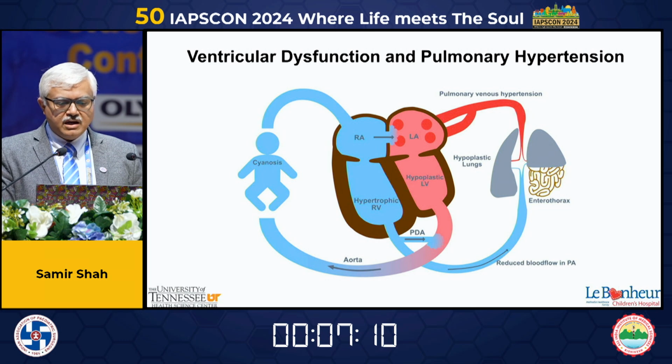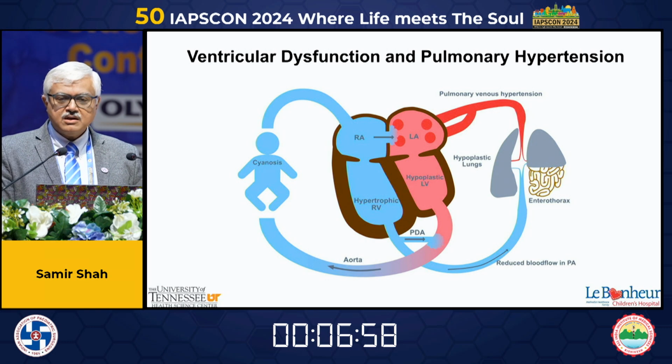As you can see out here, the lung is hypoplastic and it's associated with pulmonary hypertension. There is reduced pulmonary oxygenation, and as a result there is some degree of hypoxia, which propagates pulmonary hypertension even further.